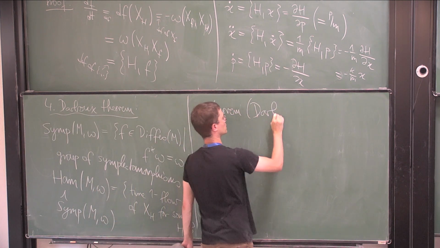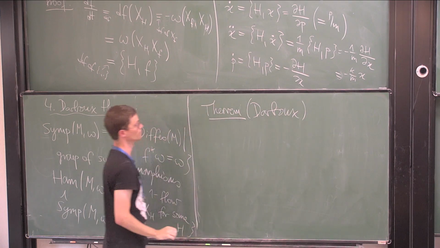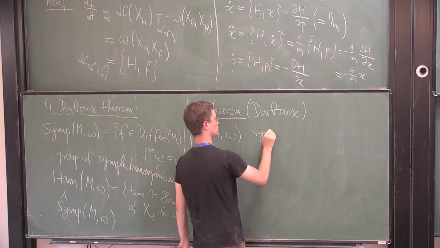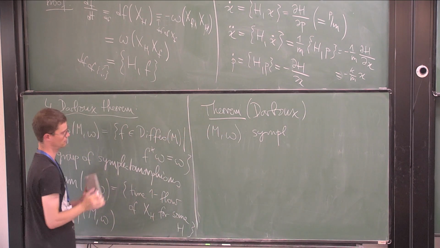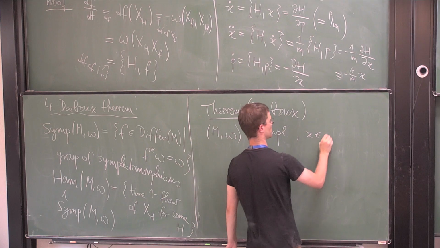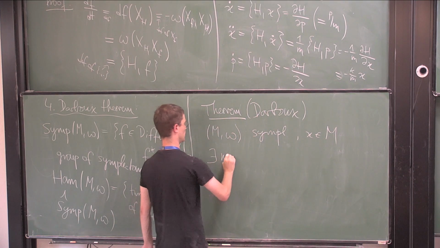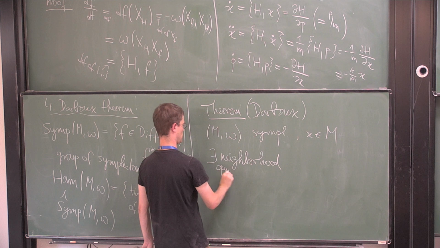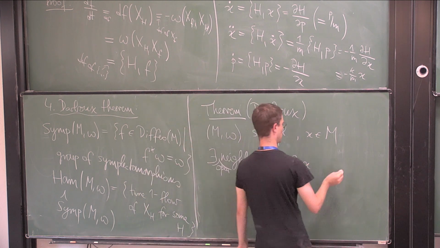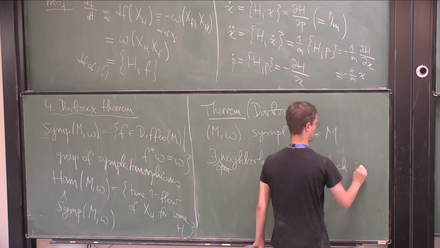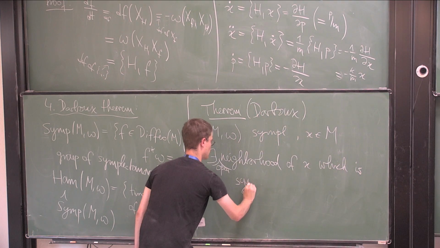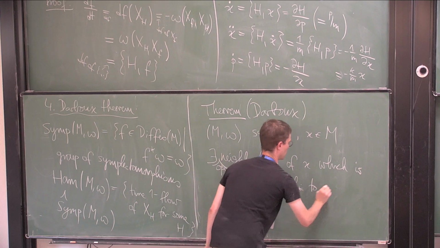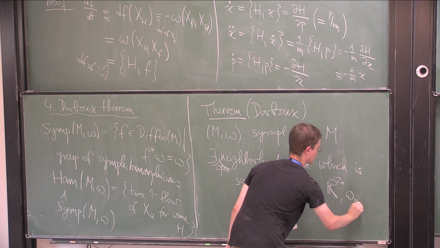And then this very strong Darboux theorem states that if here is a symplectic manifold, then take a point X in the manifold, then there is an open neighborhood of X which is symplectomorphic to an open set in R^2n with its standard symplectic structure.